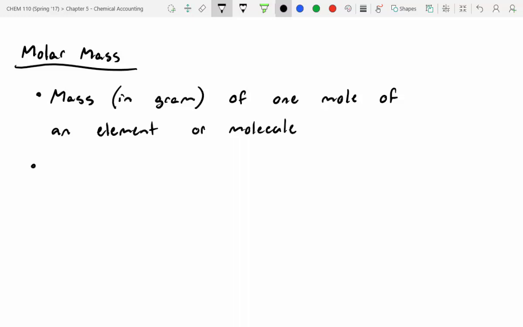The nice thing with this is the molar mass is given to you on the periodic table. So if you look at fluorine, for example, number 9, right below it, it says 19.00. That's the molar mass, so the mass in grams for 1 mole. So it is the same as the AMU mass on the periodic table.